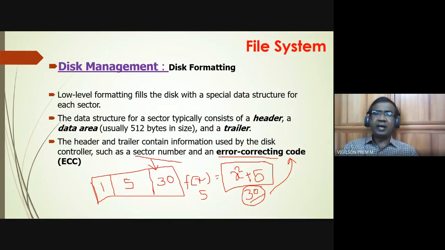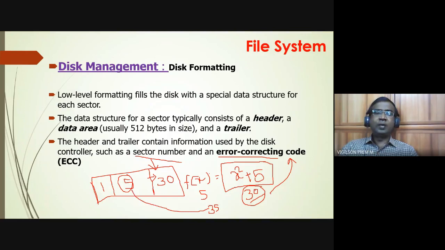After some time, I want to see the data. So I am performing this function with the data. If I get 30, then I can understand my data is not modified or corrupted. Suppose you get the answer as 35, what does it mean?